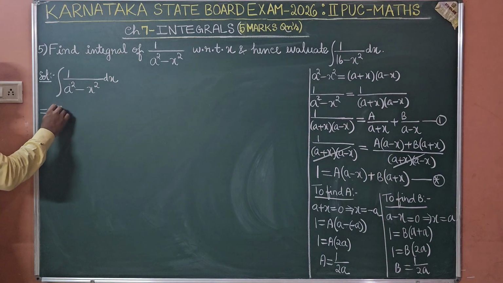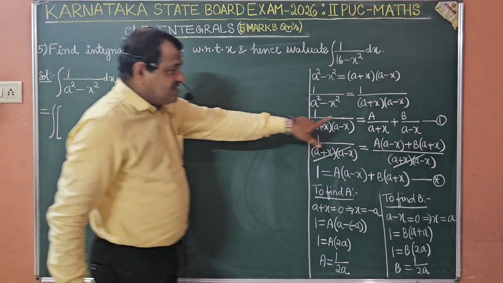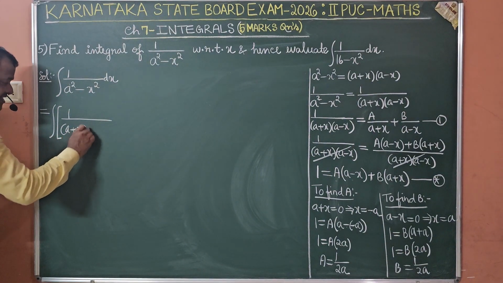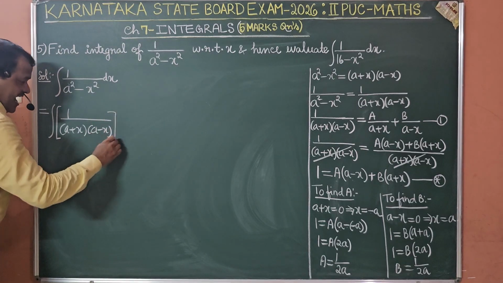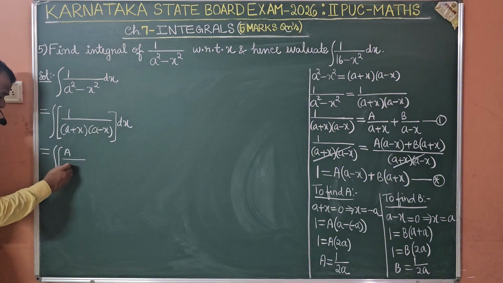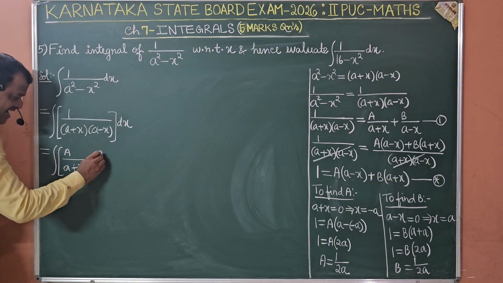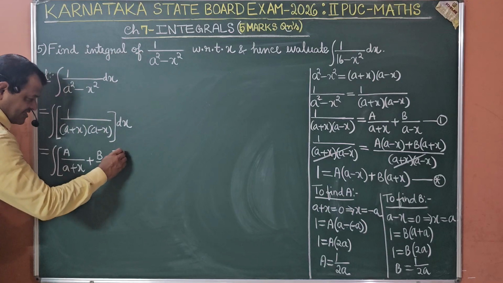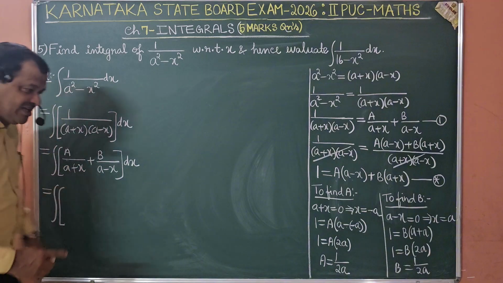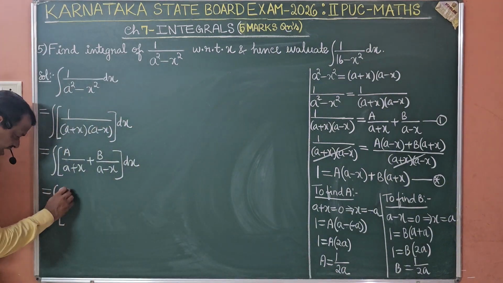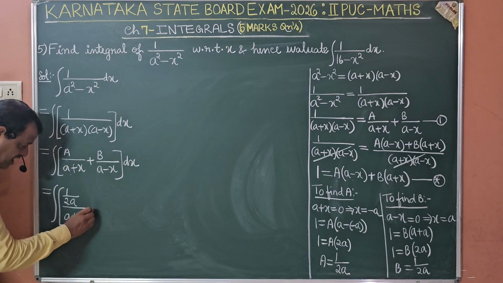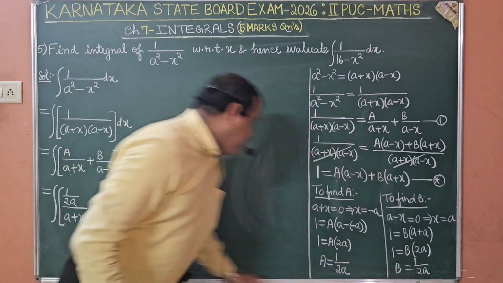First of all, the question can be rewritten. Integral of 1 by a square minus x square is 1 by a plus x into a minus x dx, and when you resolve this into partial fractions, it is capital A by a plus x plus capital B by a minus x dx. Here capital A is 1 by 2a and capital B is again 1 by 2a.